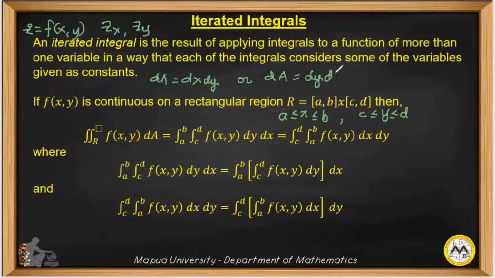Now, if we are going to show the rectangular region R in the xy plane, let us say we have this rectangular region, this is the rectangular region R under consideration. The value of x goes from a to b and the value of y goes from c to d. We have the closed interval from a to b and the closed interval from c to d.